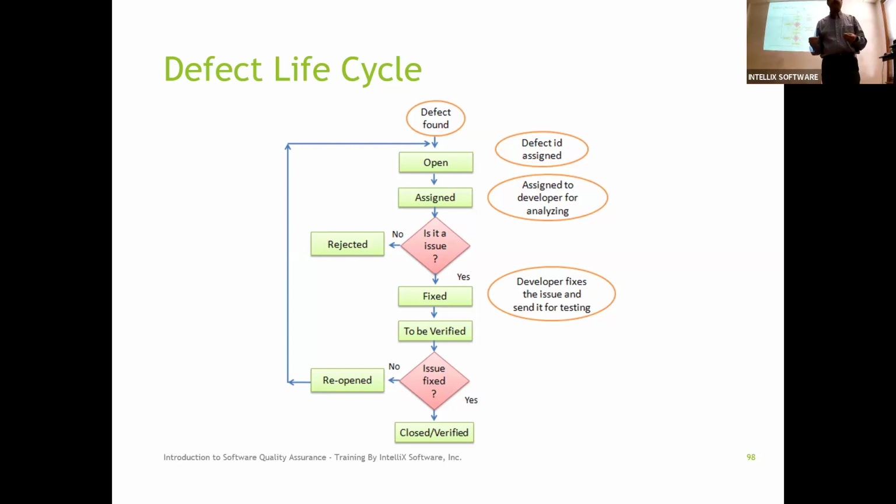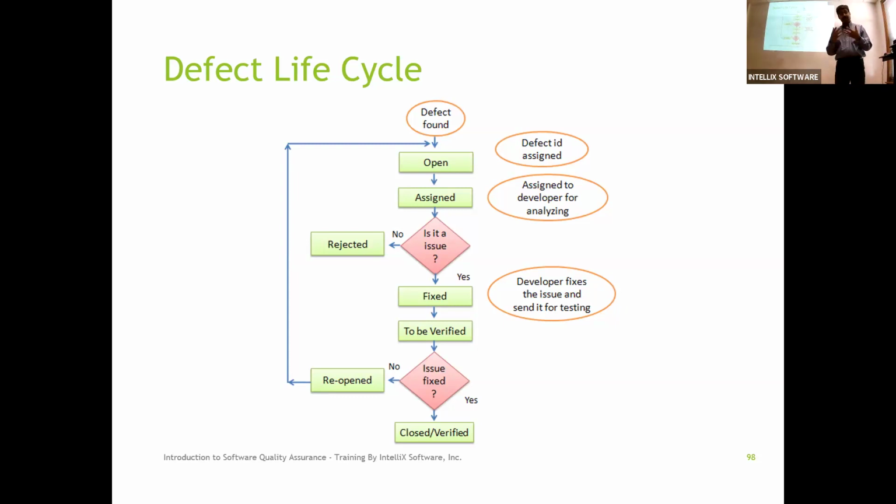If it is, they say, okay, development team, you need to fix it because this thing is not working as expected. So they give it to the development team. The development team takes a look and says, yeah, I can reproduce it, let me fix it. They fix it and give it back to you to test. Once they fix it, they say it's ready to be tested and give it to you. What are you going to do?